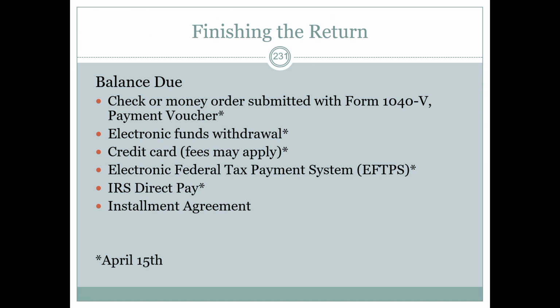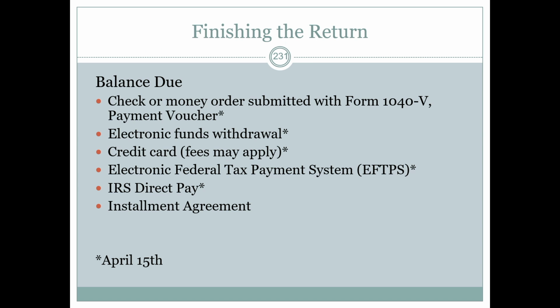With that, they would then write a check or money order to the U.S. Treasury. We also remind our clients to make sure the taxpayer's social or ITIN number is listed on that check or money order, should the 1040V and the check or money order not come in together or get separated during processing time.